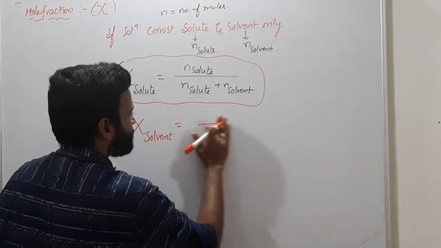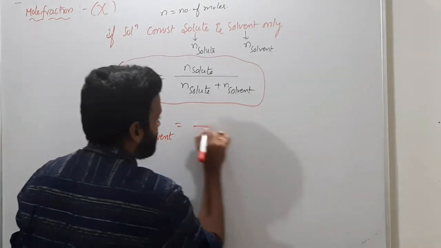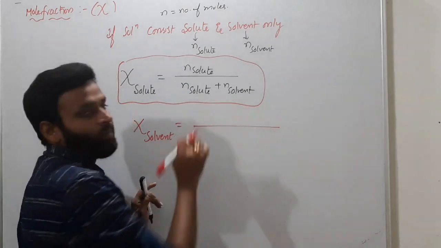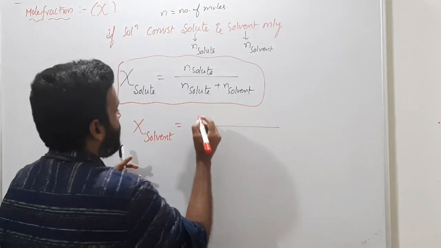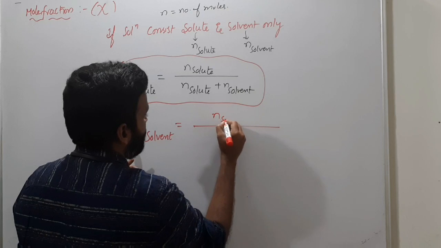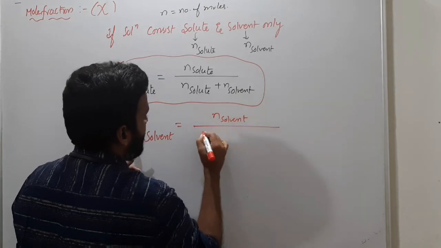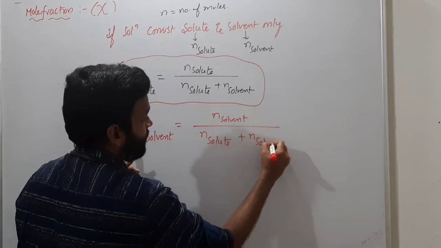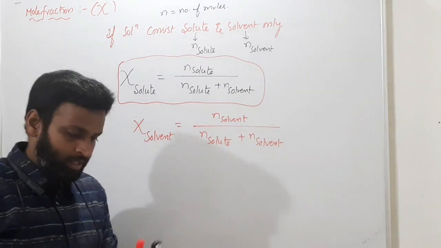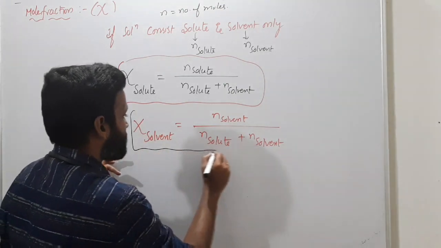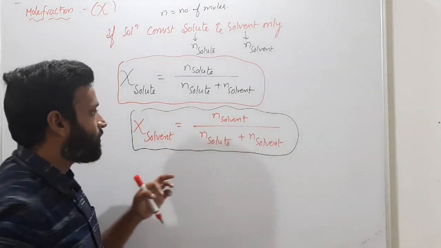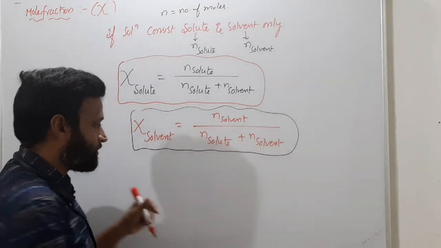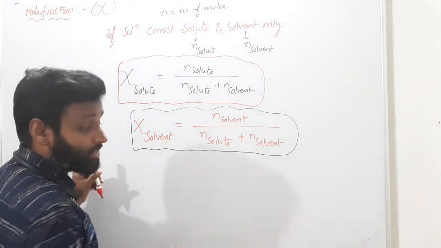Whose mole fraction you are taking, for that particular one you have to consider the number of moles in the numerator. So mole fraction of solvent is equal to number of moles of solvent by number of moles of solute plus number of moles of solvent. This formula also you must know.